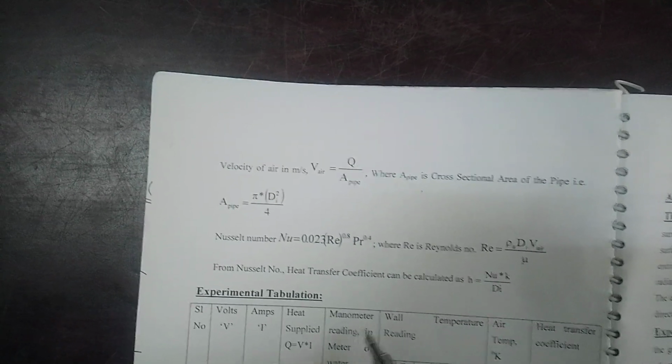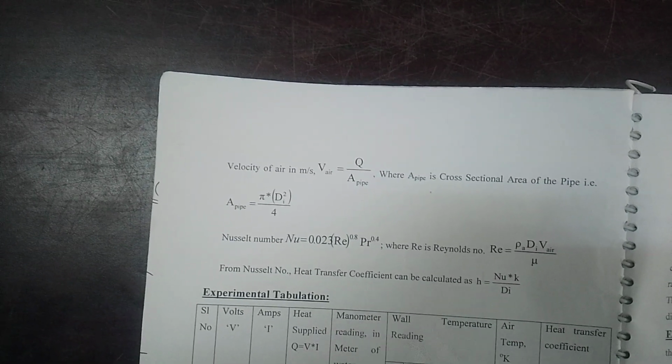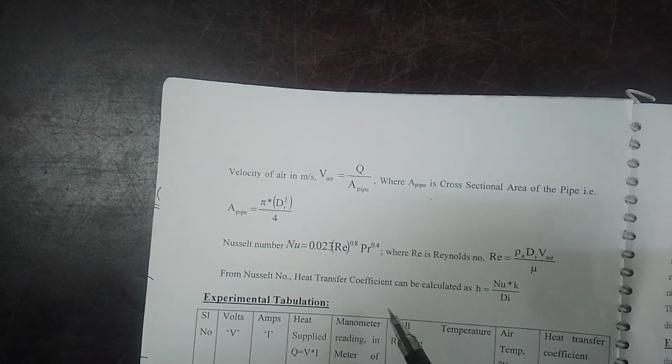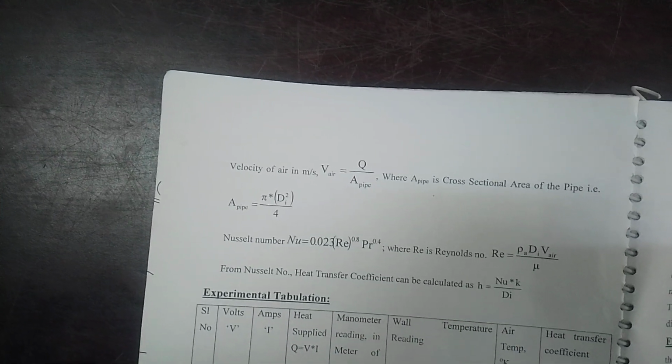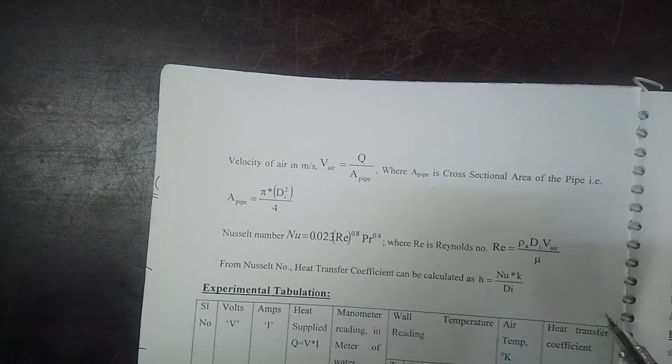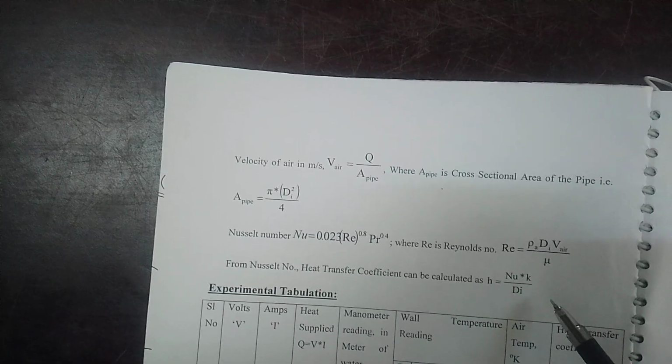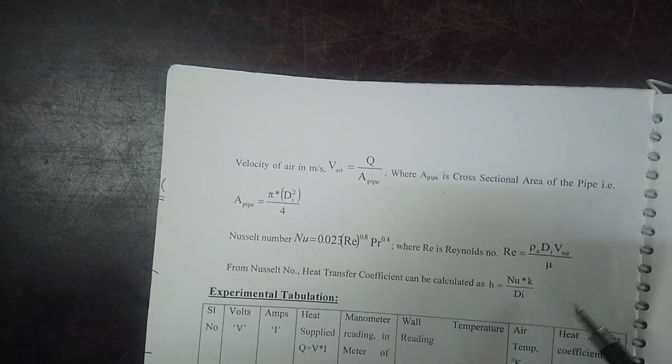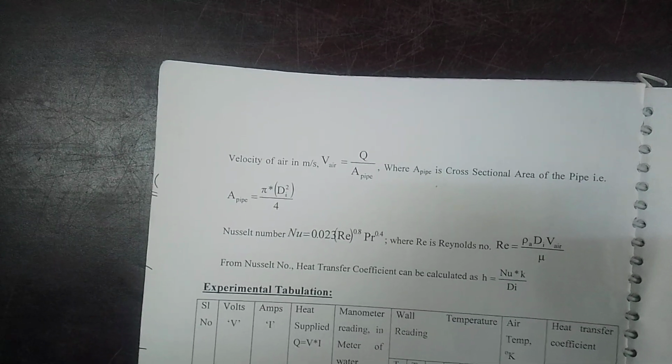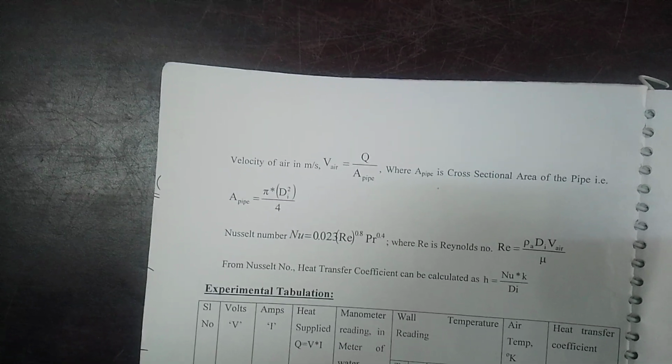After getting all these values we substitute them in the Nusselt number equation, where the heat transfer coefficient can be calculated as h equal to Nusselt number times thermal conductivity divided by the inner diameter. By substituting this you get the value of the heat transfer coefficient theoretically.